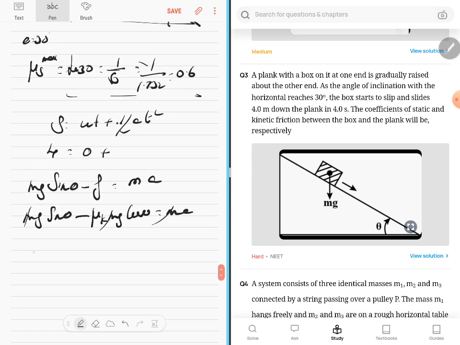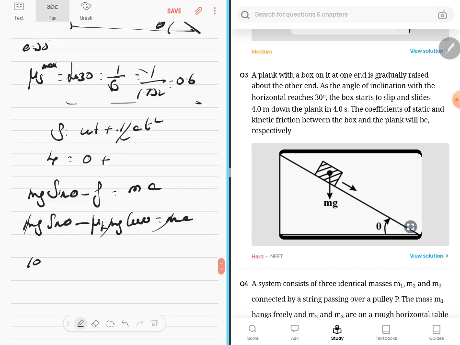So you get g sin theta, which is 10 into sin 30, and sin 30 is 1 by 2, minus mu k, and you don't know what mu k is, and there is a g which is again 10 into cos theta, which is cos 30, and cos 30 is root 3 by 2, is equal to a. But how do you find the acceleration? You don't know the acceleration, and you neither know the mu k.